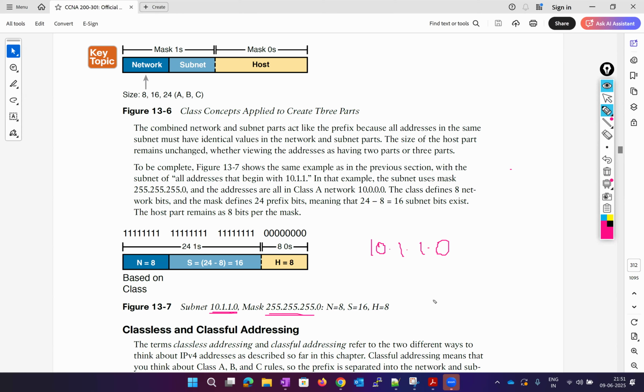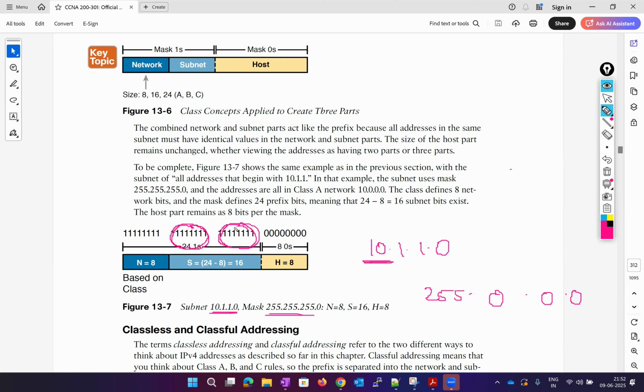The mask is 255.255.255.0. We know that this is a class A IP address. If it is a class A IP address, this is supposed to be not 255, but 0.0.0, right? So basically, all of these numbers should be 0.